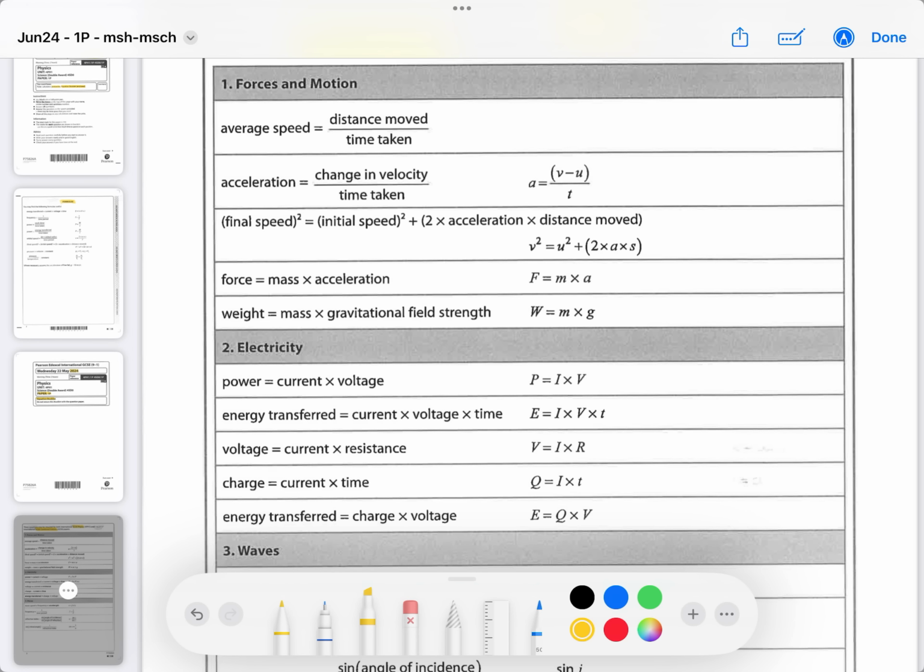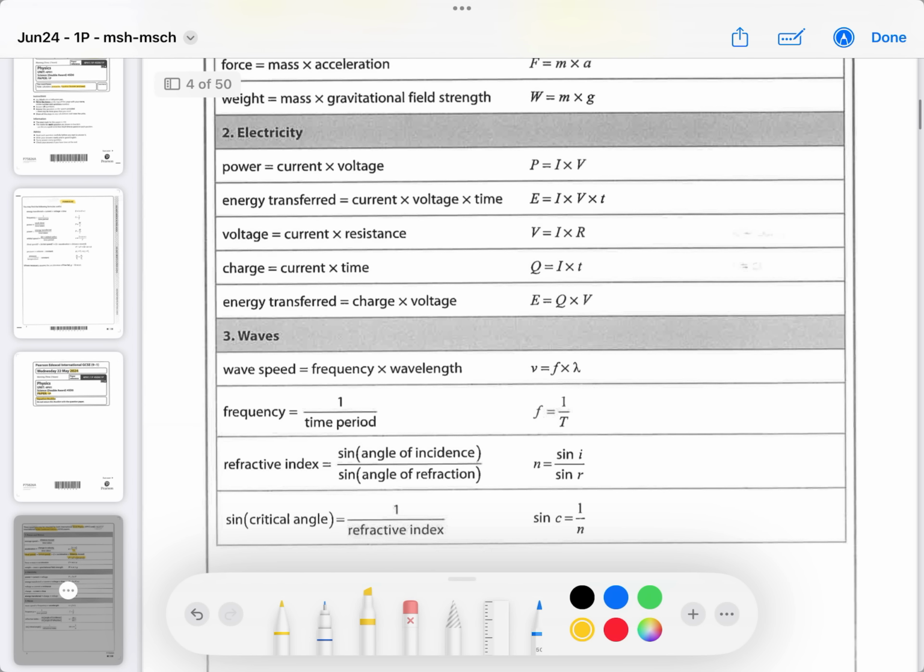Remember that these are SUVAT: S, U, V, A and T. S is distance, and U is initial speed, whereas V is final speed. So you need to know those to be able to use them.